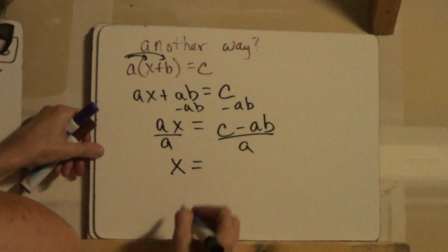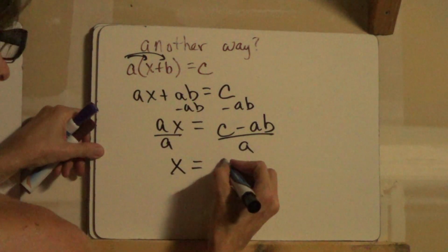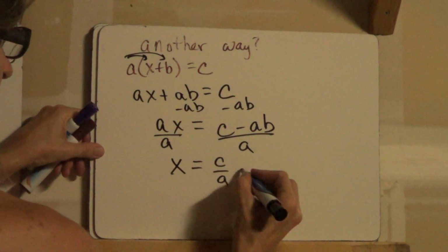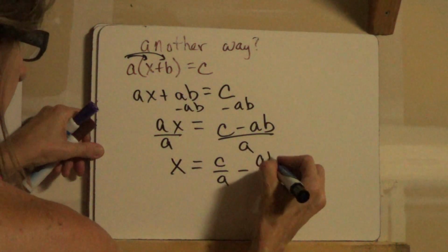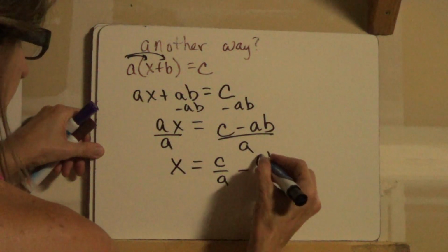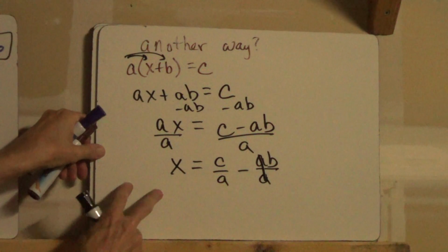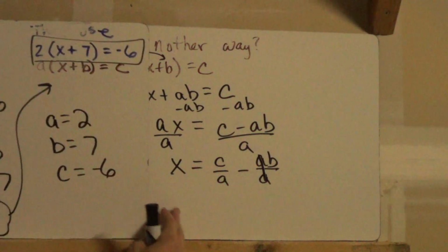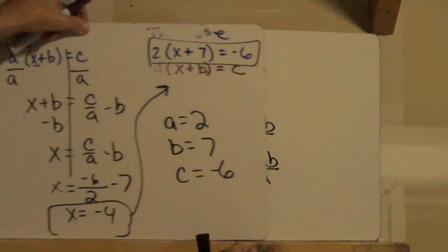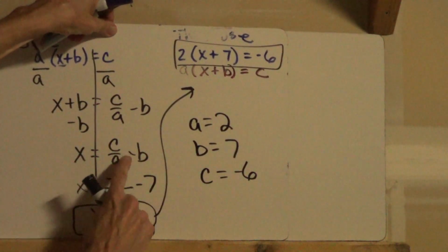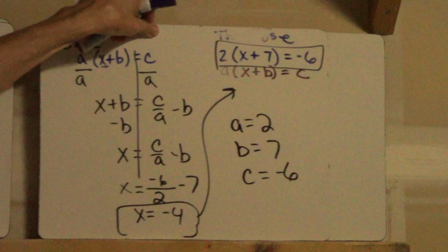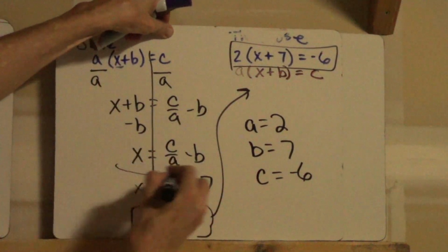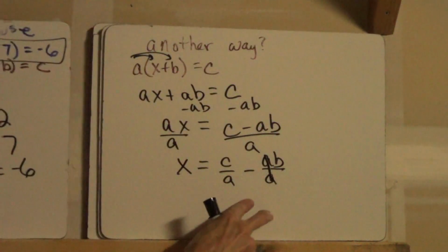X equals, you need to distribute c over a minus ab over a, and when you do that, hopefully you see that you would wipe that out. Now if you look back, that is the exact same answer that we had right here. X equals c over a minus b. Right there we have it. And right there we have it.